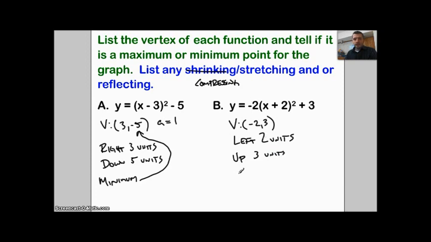And again, because of the negative, it's going to be a reflection. And because of the 2 in front, it is going to be a stretch. Okay, so we'll say stretch by a factor of 2.